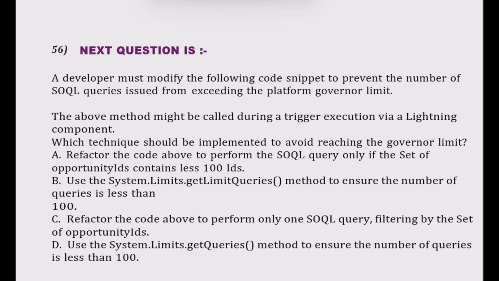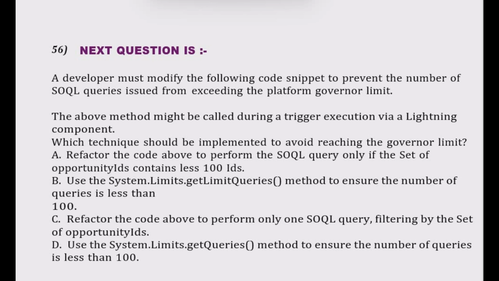Option A. Refactor the code above to perform the SOQL query only if the set of opportunity IDs contains less than 100 IDs. Option B. Use the System.Limits.getLimitQueries method to ensure the number of queries is less than 100.